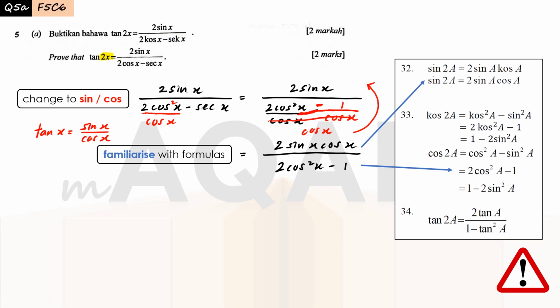So I hope you can do more exercises on this, so you can easily match. 2 sine x cos x is sine 2x straight away. So this one will be sine 2x, this one will be cos 2x, and then if we use the result here, sine divided by cos is tan. So our answer would be tan 2x, and we are able to prove this equation.